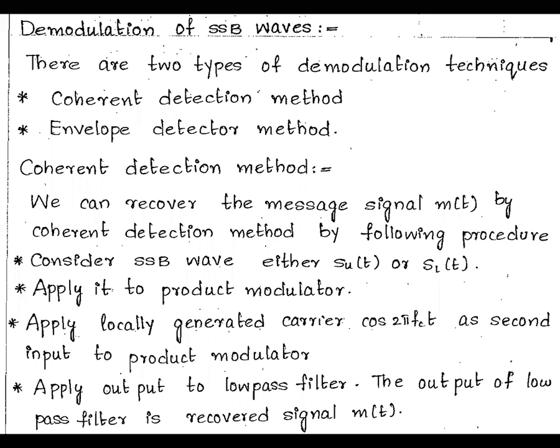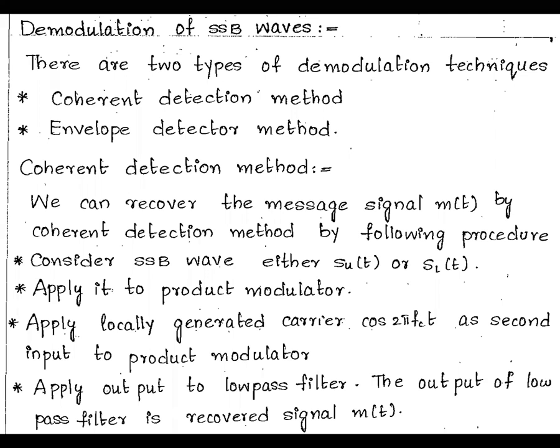Modulation process is along with the carrier, your signal is modulated and going to be transmitted. At the receiving end, we have to extract the baseband signal, that is m of t signal, from the modulated signal. So now there are two types of demodulation techniques in the SSB generation.